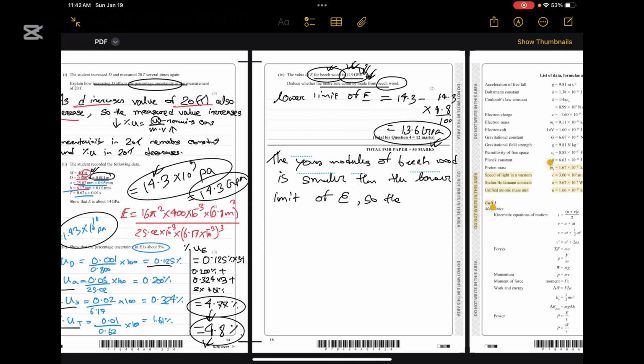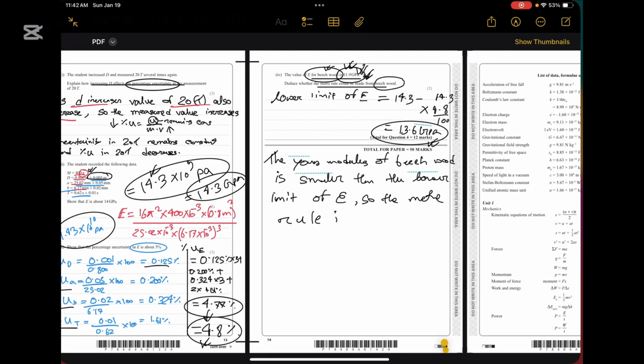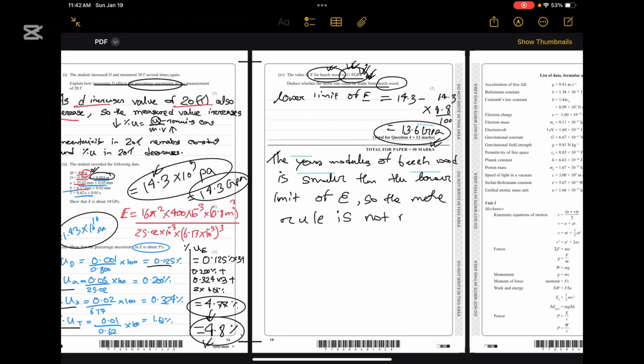So the material is not made up of beech wood. If this lower limit of Young modulus was smaller than the Young modulus of beech wood, then yes, it would have been made of it. As the lower limit is greater than the Young modulus of beech wood, the material is not made up of beech wood.